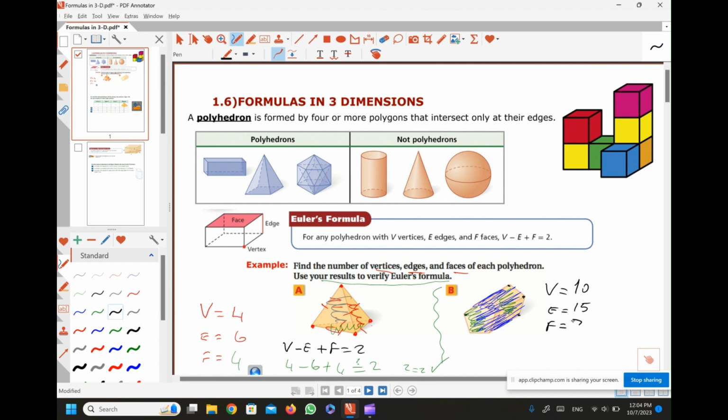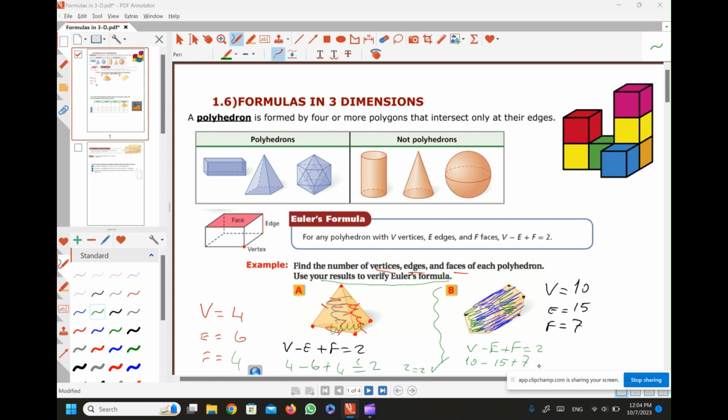So let's verify this by Euler's formula. Apply the Euler formula. V minus E plus F equals 2. Does what we found here satisfy the formula? Let's see. Number of vertices is 10. 10 minus number of edges is 15 plus number of faces is 7.